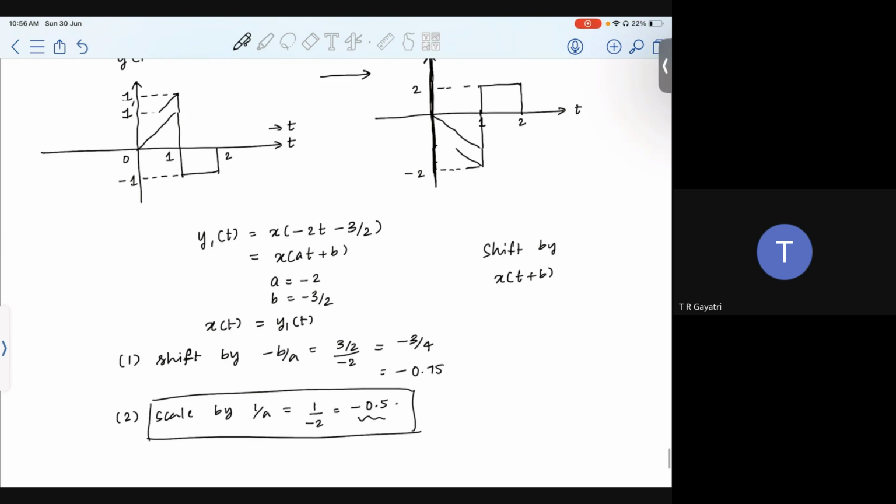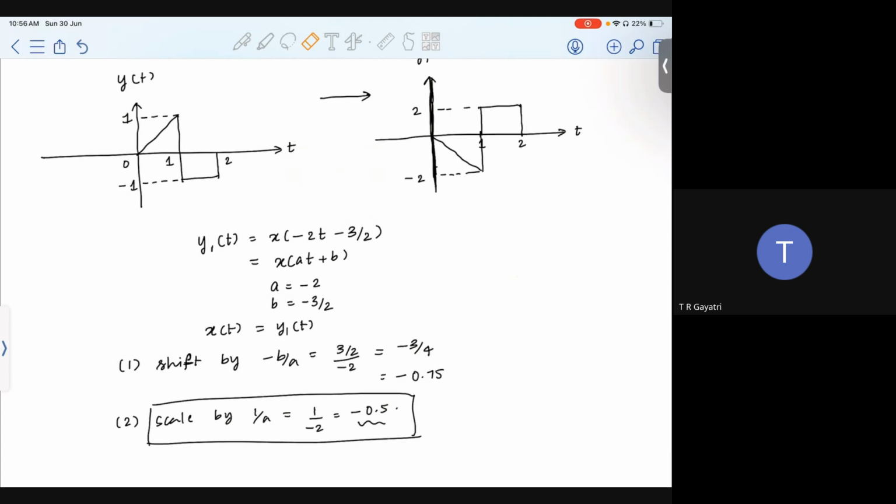When I shift this by 0.75, the delay will produce a signal of this form. Minus 3 by 4 is 0.75 only, right? It's just a shift. So this is 2.75, 1.75, and 0.75.